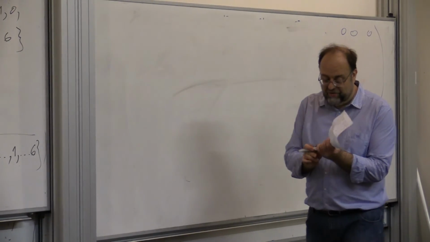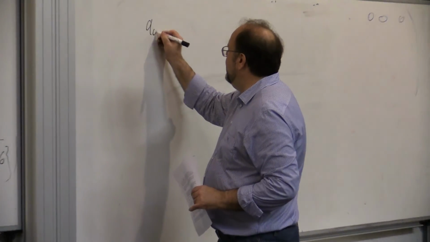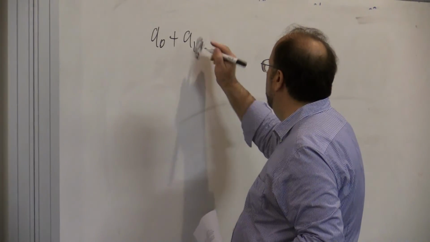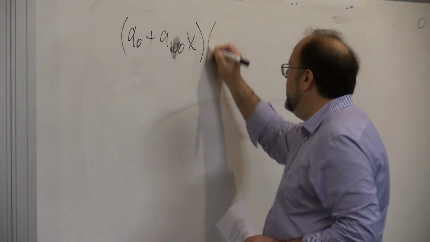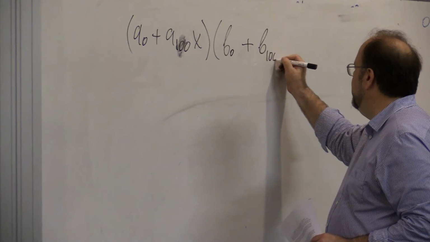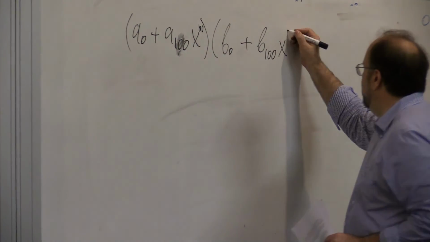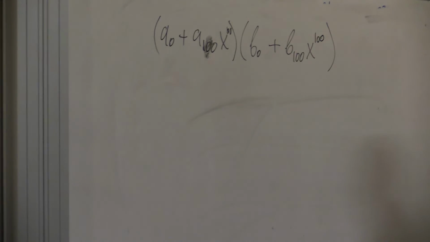these complex exponentials. Okay, so how would you multiply A0 plus A100 x to the 100 times B0 plus B100 x to the 100 with only 3 large number multiplications?